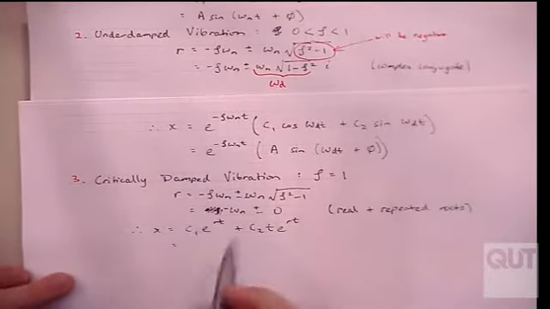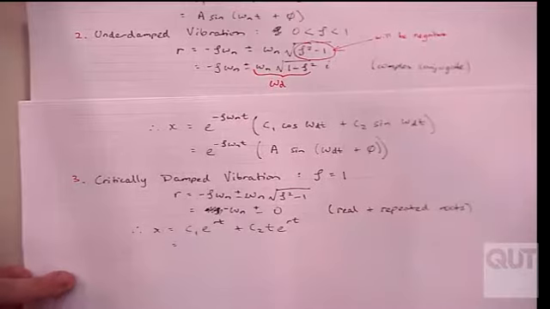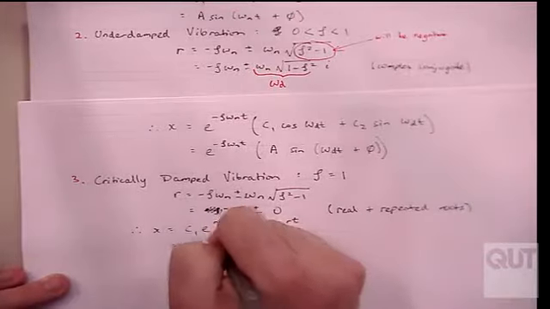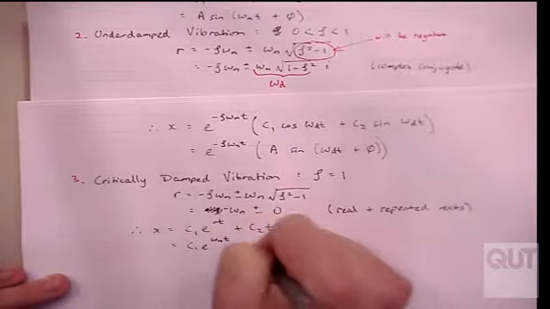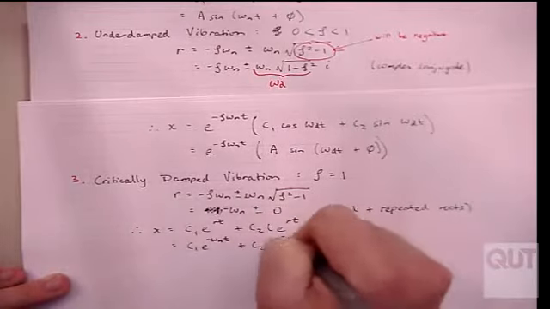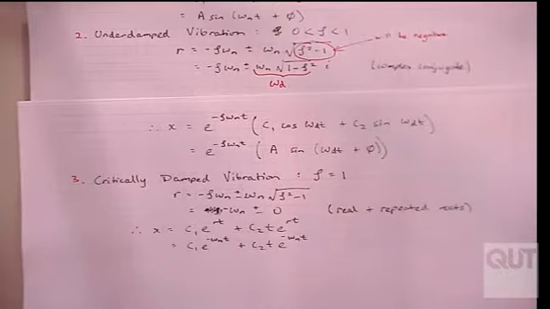In this case, our root is just negative omega n. So that's what we get in the case of critically damped vibration.